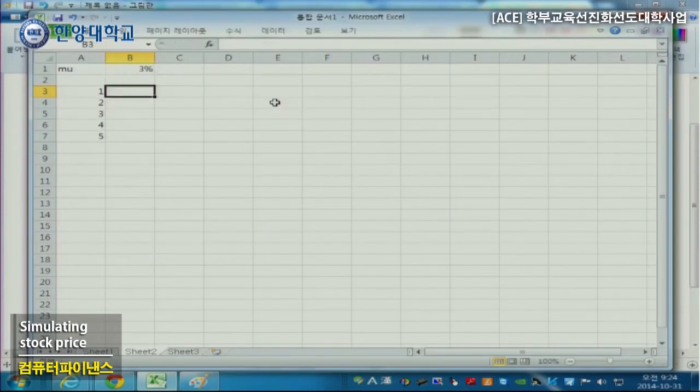Okay, let's make it an even simpler example. So this is 3%, and then this is minus 10%, minus 5%, 5%, 10%. Suppose my stock return per year looks like this.